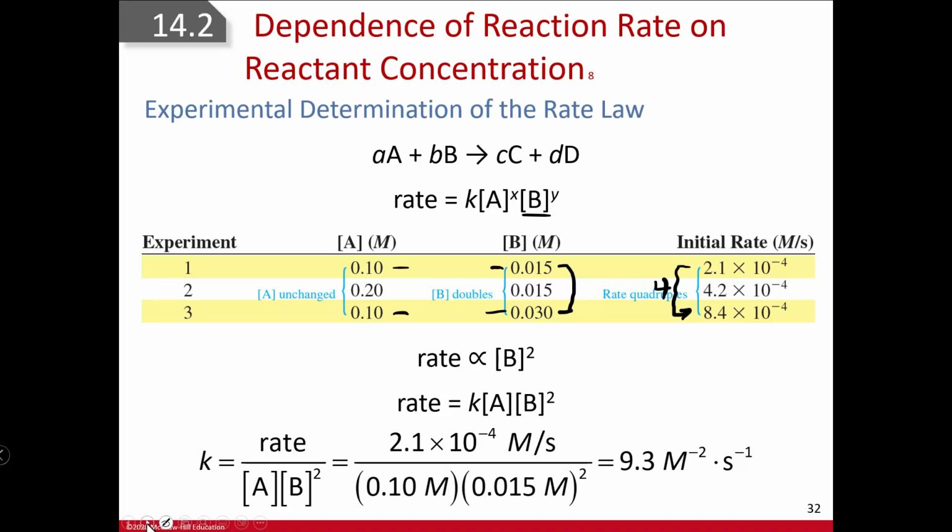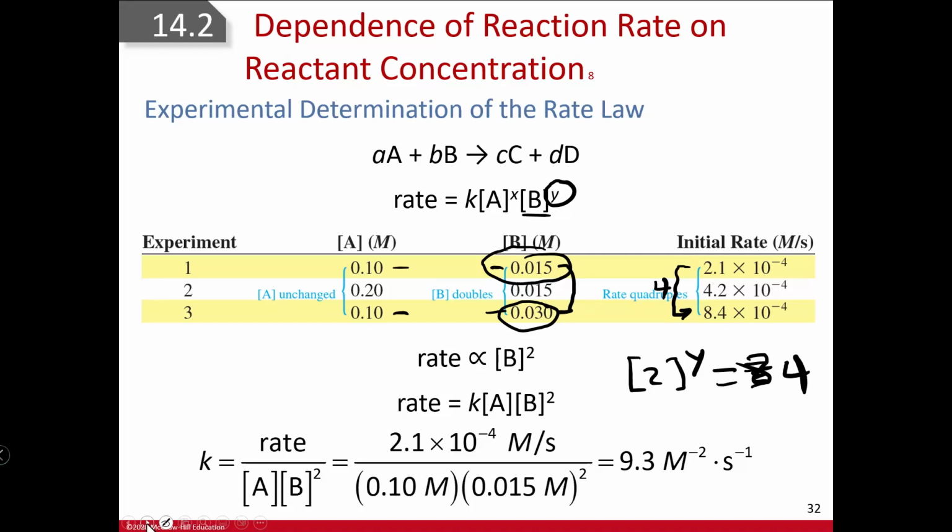So what you have here is 2 raised to the y power equals 8. Because it's 2 here, 0.030 divided by 0.015 is 2, so 2 raised to the y power equals, oops, I did this wrong.